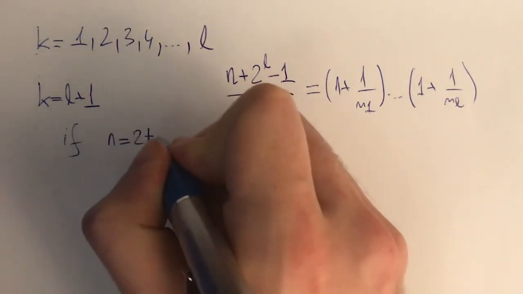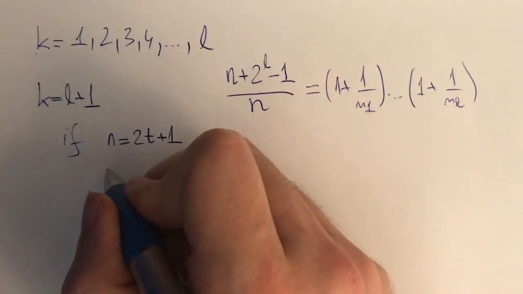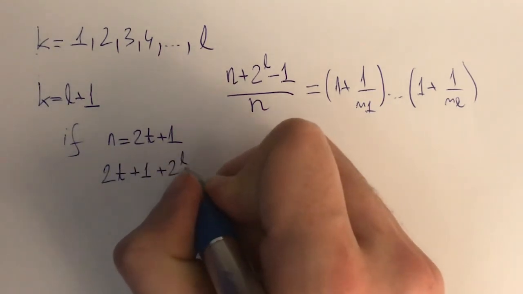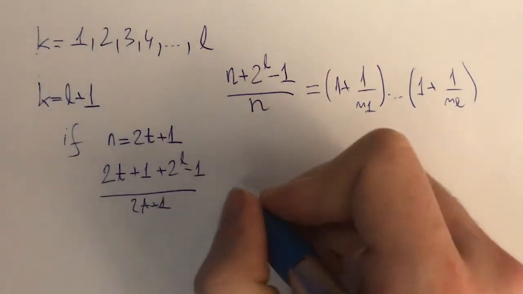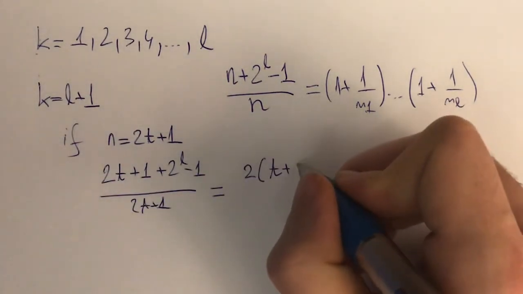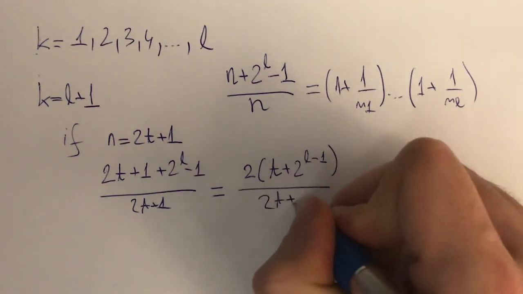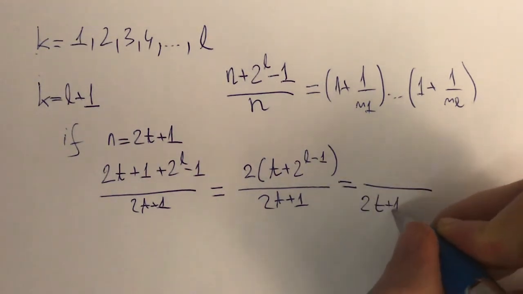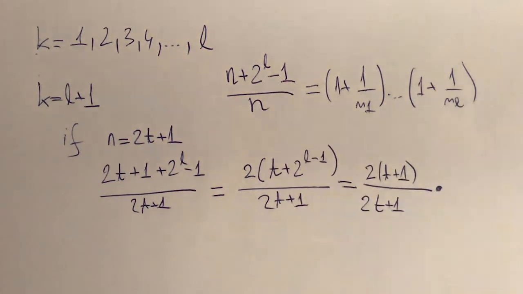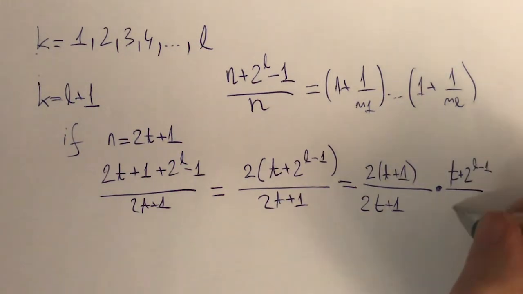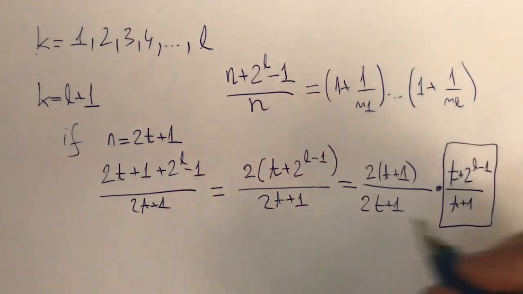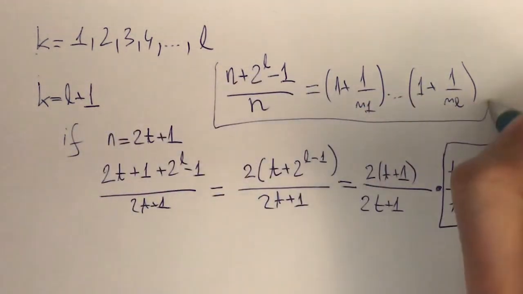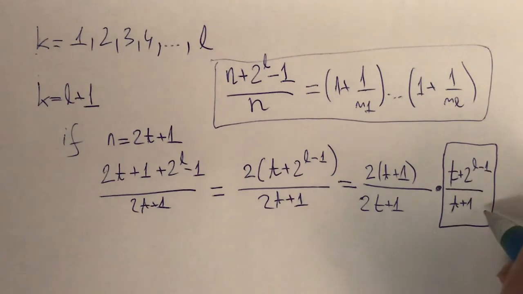If n is odd, of the form 2t plus 1, then what we need to prove is that there exist integers such that (2t plus 1 plus 2 to the L minus 1) over (2t plus 1), which is equal to 2 times (t plus 2 to the L minus 1) over (2t plus 1), is equal to (2t plus 1) over (2t plus 1) times 2 times (t plus 2 to the L minus 1) over (t plus 1)... And this, we know we can solve with L of these integers m, because that is true by the inductive hypothesis. So this case is done.